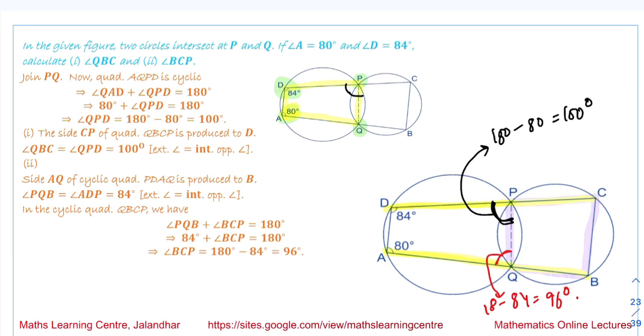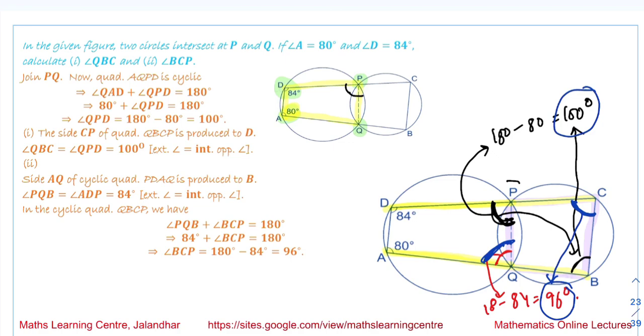So this is the exterior angle, this angle we have marked over here, and the interior opposite angle will be the angle at B. So angle at B will be 100 degrees. For this angle at Q, the angle at C is the interior opposite angle, and the value of this angle will be 96 degrees, and these are the two angles that we have to calculate.